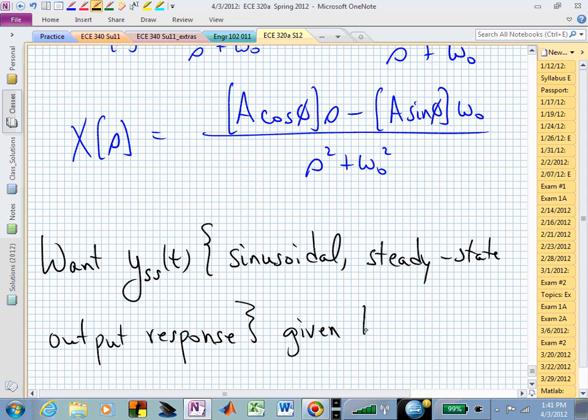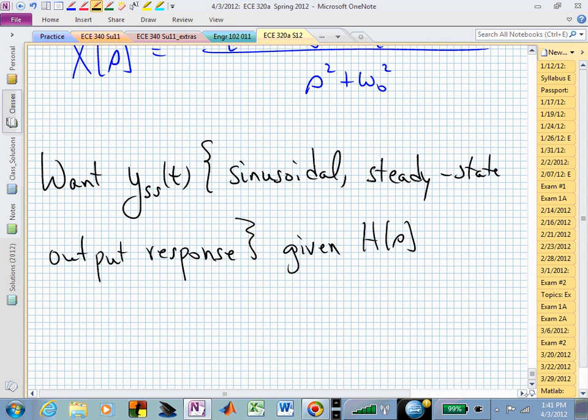And we want to find that if somebody gives us the system's transfer function H of s and the sinusoidal input x of t.